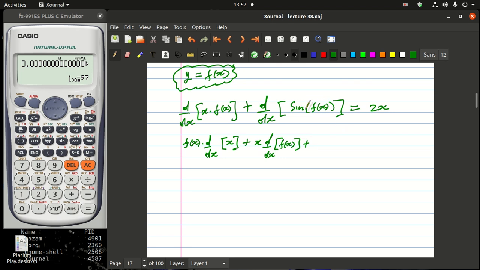And then if you look into this one here, I'm going to leave it as it is. I will tell you why in a moment. So we will end up having sine of f of x here is equal to 2x.